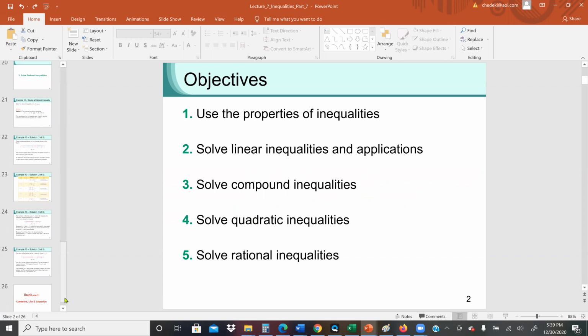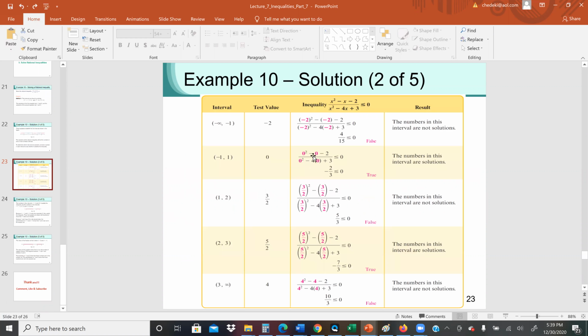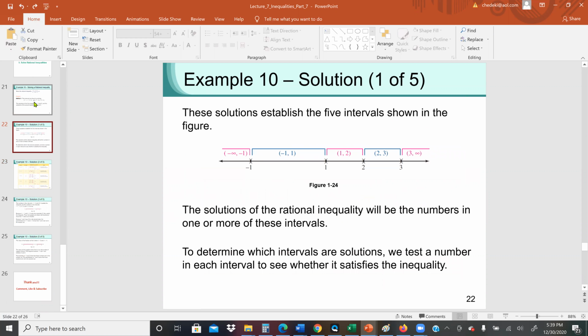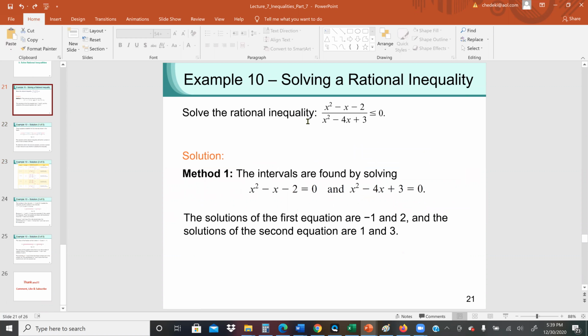With the rational inequality, I prefer this method. This is the method I always use. Again, the best way, first of all, find your intervals. And this is the equation. I will solve this, both are quadratic equations. So solve the first quadratic equation for the numerator, the second quadratic equation for the denominator.